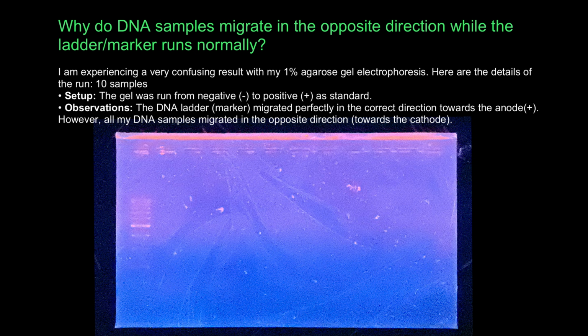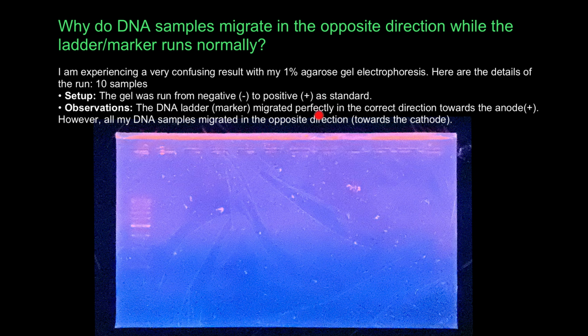And here is a description of the situation. I'm experiencing a very confusing result with my 1% agarose gel electrophoresis. Here are the details of the run. 10 samples. Setup: the gel was run from negative to positive as standard.